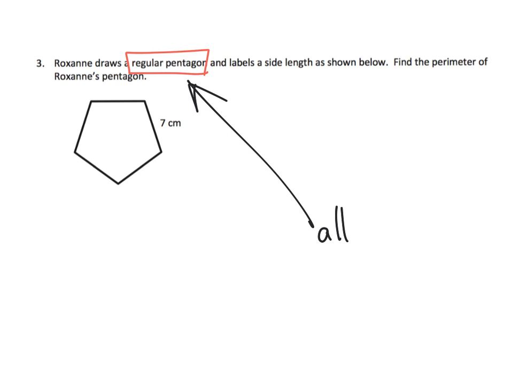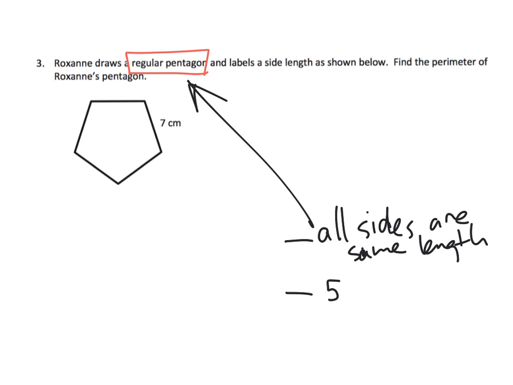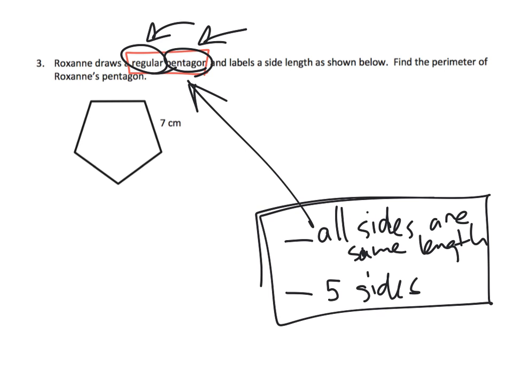We're supposed to know that all the sides are the same length, and we're supposed to know that there are 5 sides.